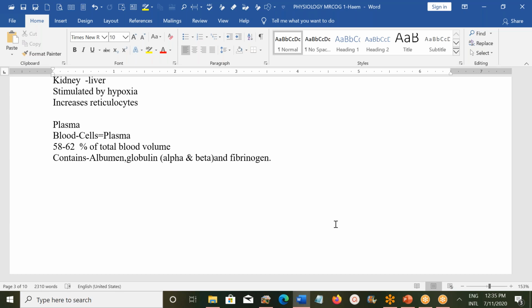Most of the iron is absorbed in the duodenum and the jejunum by carrier mediated transport. These things are important. The ileum is not involved in absorption of the iron, but the duodenum and the jejunum are involved. Iron deficiency will result in increased GIT absorption, and this will be effective within 3-4 days.